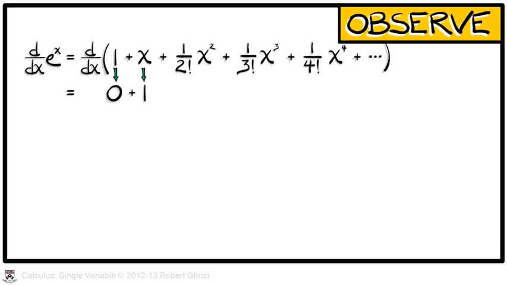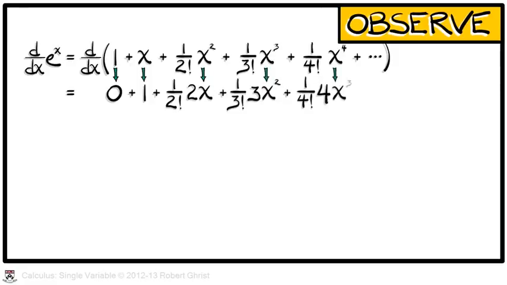What is the derivative of 1 over 2 factorial times x squared? Well, it's 1 over 2 factorial times the derivative of x squared, which is 2x. We can continue on down the line, taking the derivative of x cubed to be 3x squared, etc., following the constants as we go.